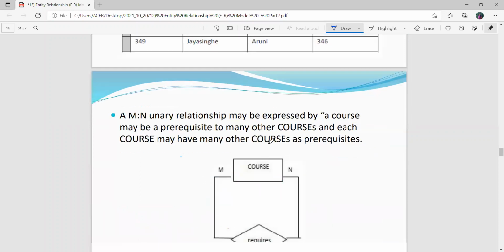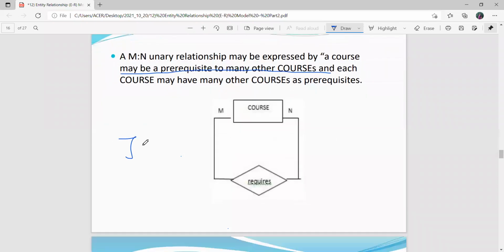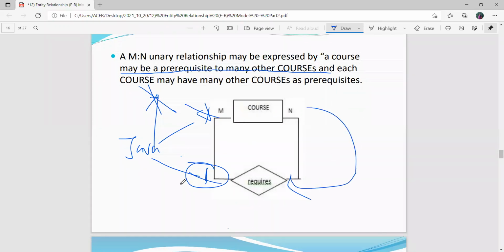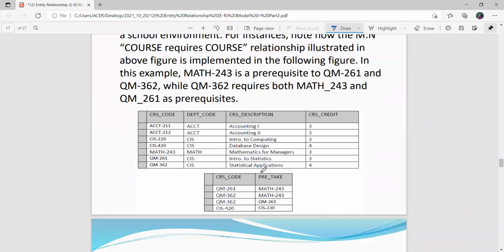Then there is another one, M to M. That means a course may be a prerequisite to many courses, and each course may have many other courses as prerequisites. For example, if you need to take Java, you need many prerequisite courses. This is a many-to-many relationship. You can go through this table as an example.